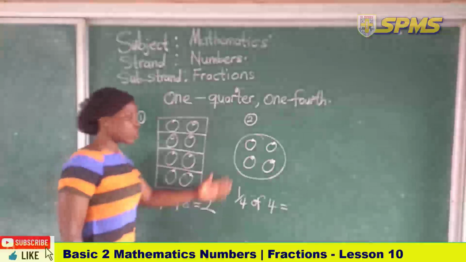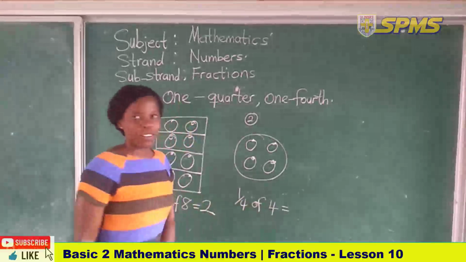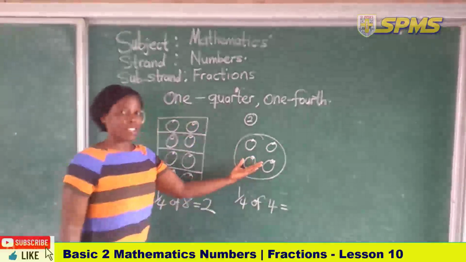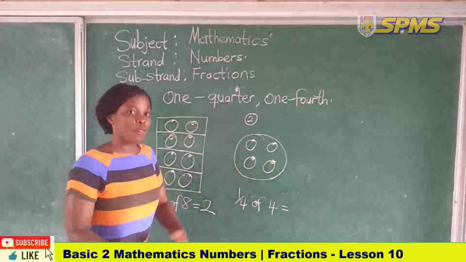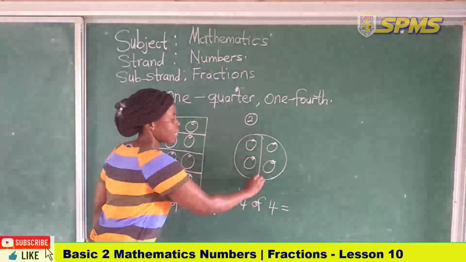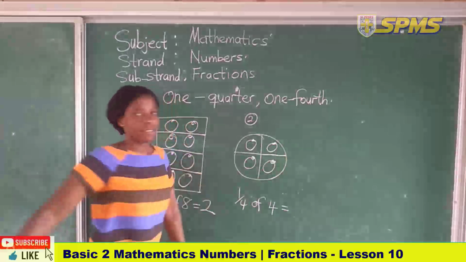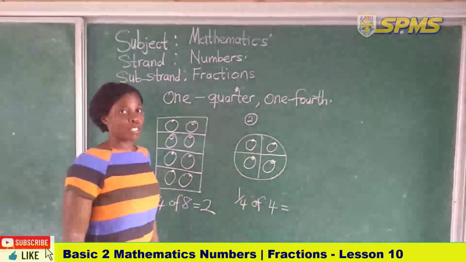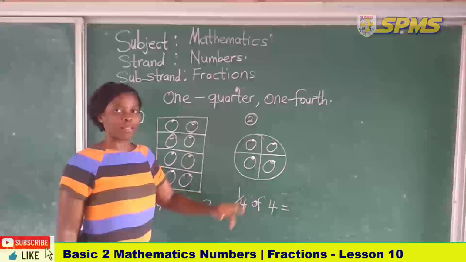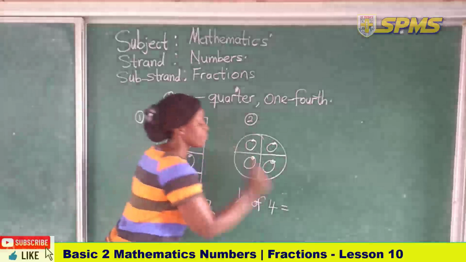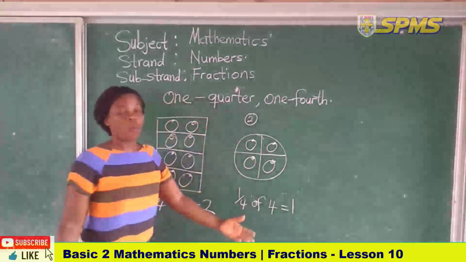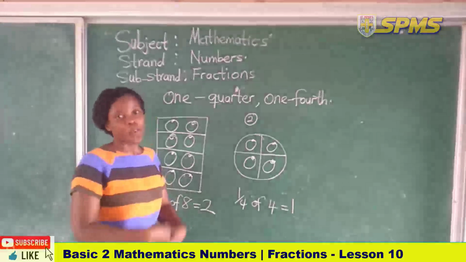Alright, let's look out for quarter of 4. So if you have 4 things and you need to divide them into 4 equal parts, as simple as that. How many objects do you see in 1 quarter? You see 1. So your answer is 1. That is all.